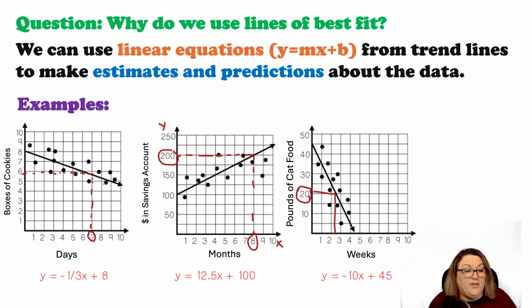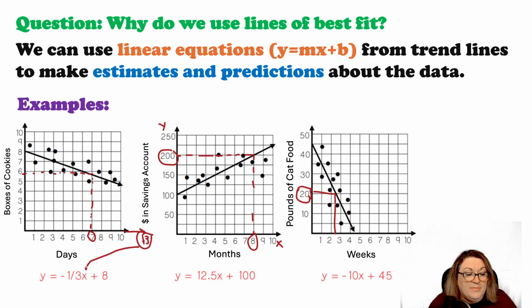But what if I were to ask you, like for instance, on this one here, how many boxes of cookies would we have left over on day 13? Okay. Well, we don't know that, right? We have no idea because it's not on the graph, right? So if I were to try to find out day 13, which is somewhere, if I were to extend this line, it'd be somewhere out in here, right? I can use the equation to help me with that. I can put this 13 in place of the x, right?